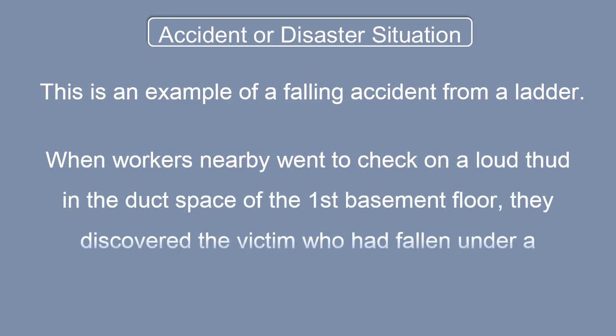When workers nearby went to check on a loud thud in the duct space of the first basement floor, they discovered the victim who had fallen under a telescopic ladder.